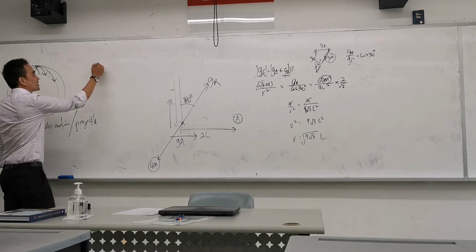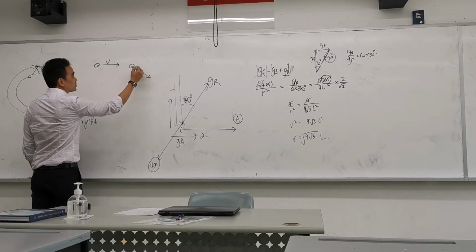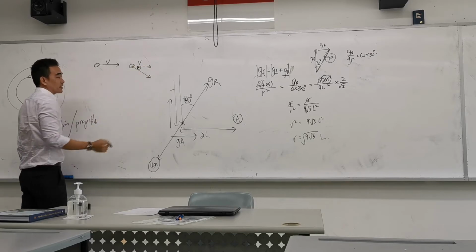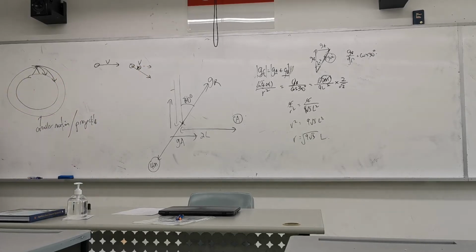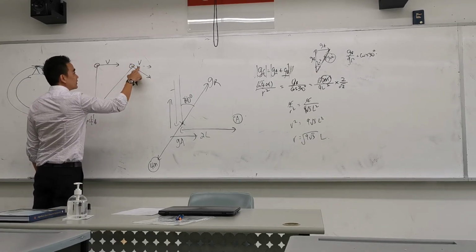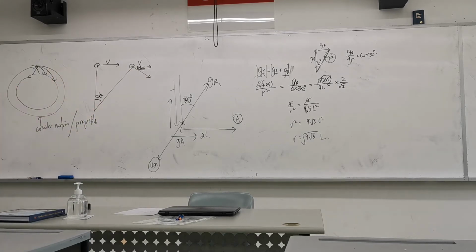Now let's see. If I were to throw something at a speed v, after some time, it's going to have the same horizontal speed, but it's going to be at an angle. You okay with that? So it will have gone through an angle. Now you should be able to smell differential coming in soon.